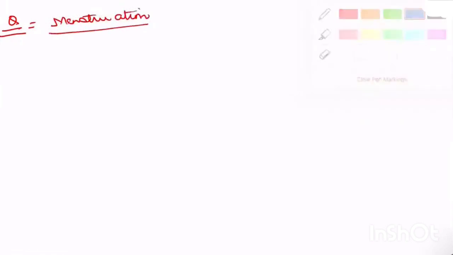Yes? Okay. Coming to the next concept and the next question. I was telling you about menstruation, and this is for all of you, this question is asked of everyone. Menstruation means shedding of endometrium.